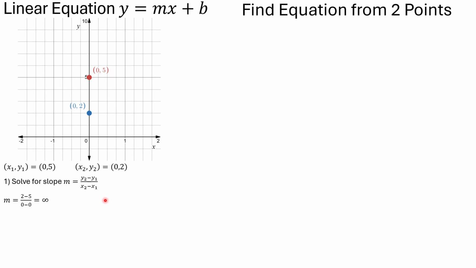If I plug in the difference in y, y2 is 2, y1 is 5, so 2 minus 5, I'll get a numerator of -3. Now divide that by the difference in the x location, 0 minus 0, which is 0. Something divided by 0 is undefined or infinite. In this case, this means the slope is infinite, right?